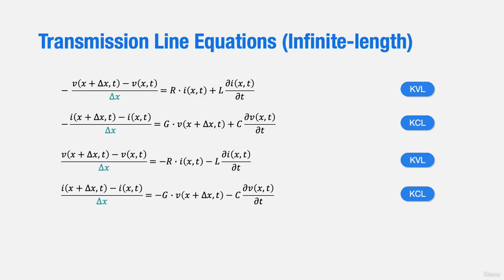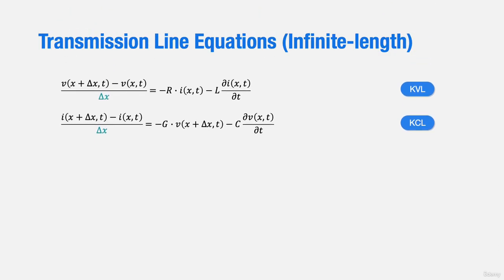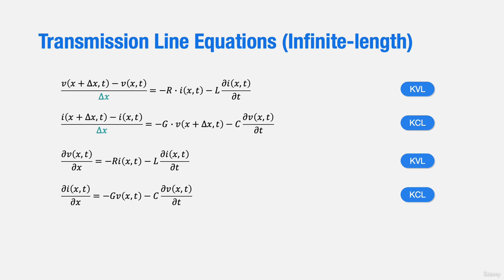Additionally, we can write the differential expressions on the left side of the equation as partial derivatives of the voltage and current waves, where we care about the rate of change with respect to position. The last two equations we obtain are the famous telegrapher's equations, also known as the transmission line equations.